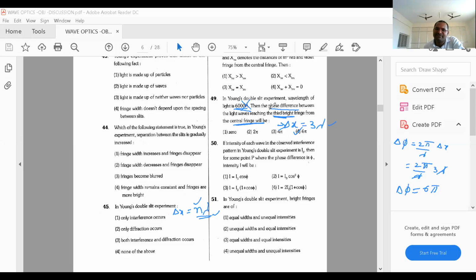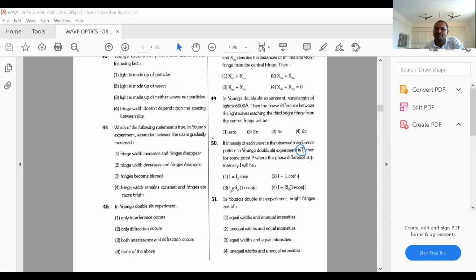Now they are asking the phase difference, so I write the phase difference and path difference relation. From this relation I will get 6 pi. So 6 pi is the answer. Clear? Next, question number 50. They have given that the intensity of each wave in the observed interference pattern in the YDSE experiment is I0.